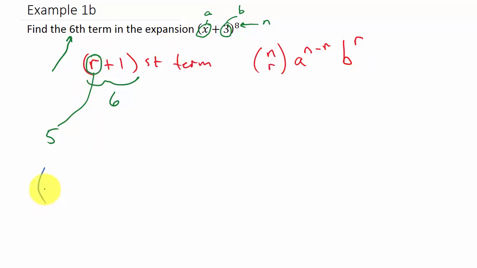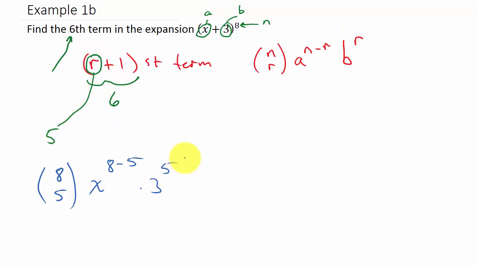I have combination n, which is 8, choose r, which is 5, times a, which in this case is x, raised to the n minus r, times b, which in this case is 3, raised to the r, and r is 5.